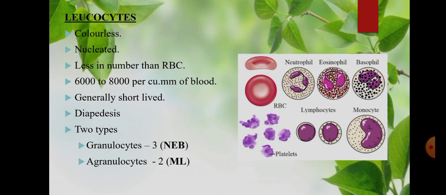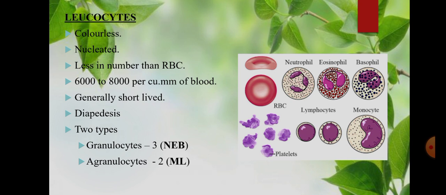Next, we'll be dealing with WBCs. Another name is leukocytes. So what's the full form of WBC? White blood cells. From the term itself, they are colorless in nature. But the difference from RBC is that they are nucleated in nature and the number is less than RBC.